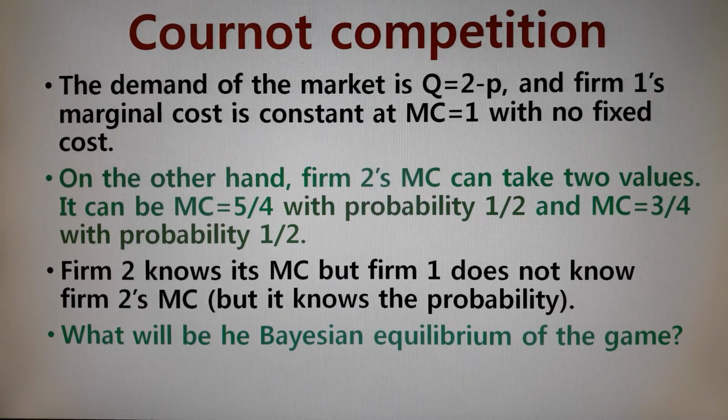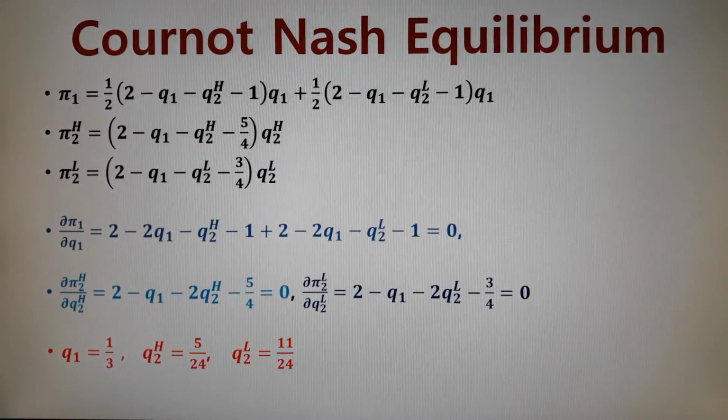You guessed it. It's going to be a calculation. Okay. Voila. If you just understand the first part, it's not that complicated. The profit of first company, the profit of second company when its cost is high, which means the cost is 5 over 4.